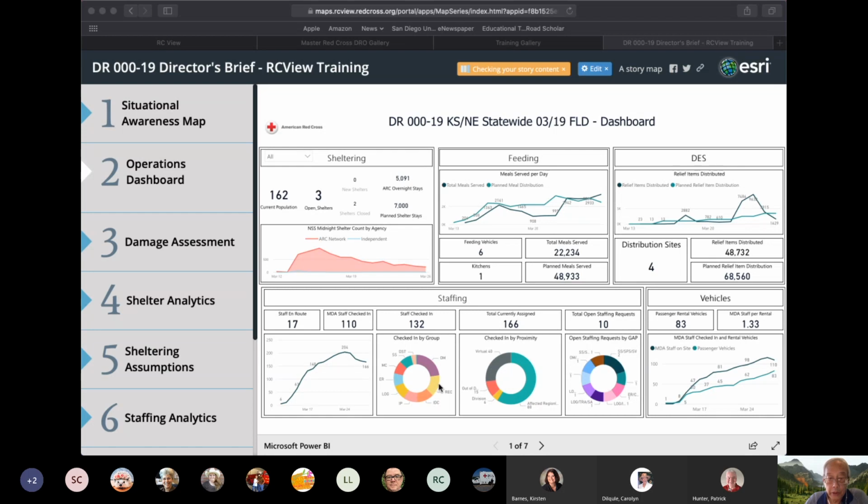These donuts represent those staff and their gaps. You get a sense of, you've got a lot of operations management folks, you have logistics and mass care, who's checked in, who's virtual, and how many open staff requests by gap. And here is the staffing for rental vehicles over here.